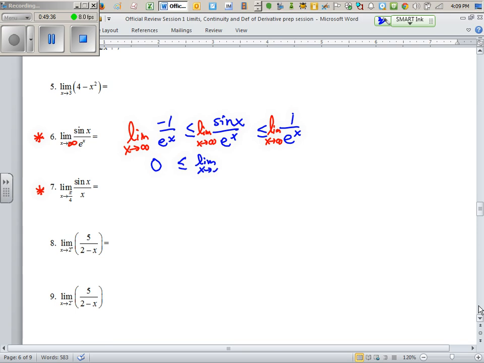I'm just going to leave it there. What's this one on the right going to go to? 0. Oh, so this one's getting sandwiched between 0 and 0. What does that tell you that it is? If something is between 0 and 0 inclusive, then its value is what? 0. Yes. This is how you can show your work.